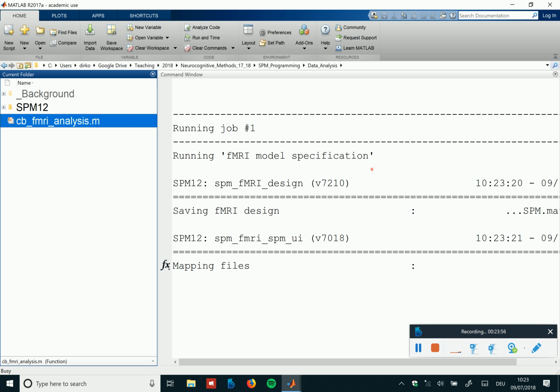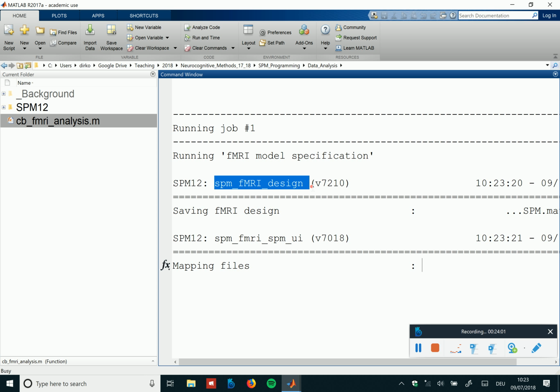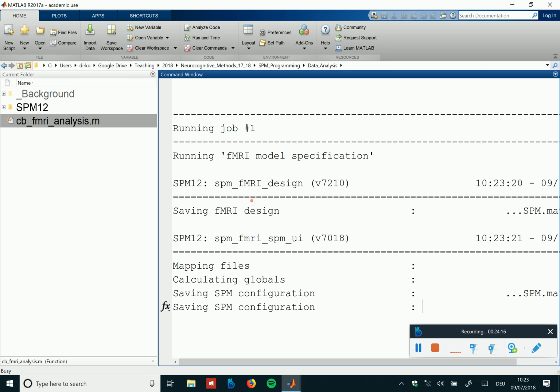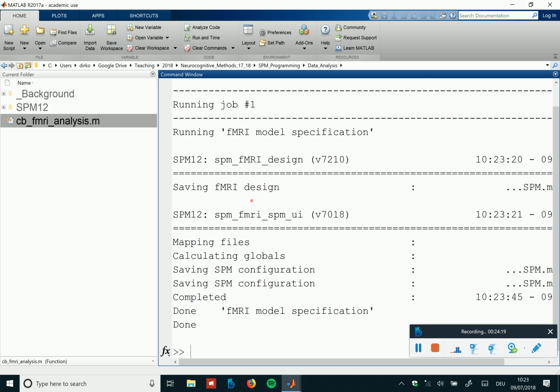So this is now the fMRI model specification using this sub-function SPM fMRI design. There are all the details of how the regressors are actually created in there. I've extracted that code also from my book to actually look into details how that's done. One thing that happens is that the convolution of the stick functions with the hemodynamic response function is done at a higher temporal resolution than the design matrix has.